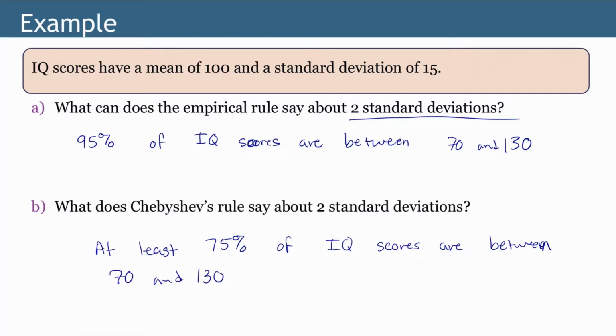Sorry, 130. There we go. So again, these are just mechanisms to get the idea of spread. What does that mean, and what does it tell you? Okay.